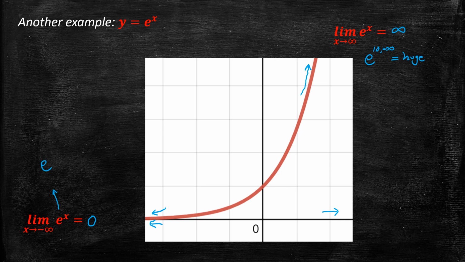Well, you could think of e to a very big negative number. e to the negative 10,000 is 1 over e to the 10,000. 1 over a huge number is going to be very small, tending towards 0. So once again, e to the x is very good to be able to determine these limits with exponential functions without having a graph and just being able to think through logically.